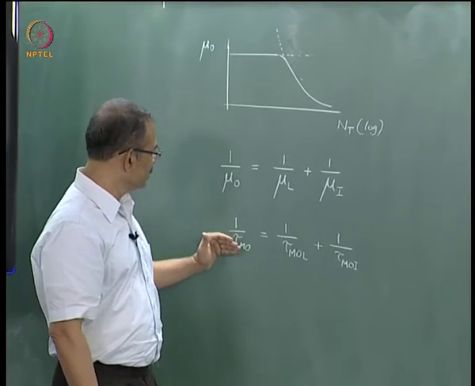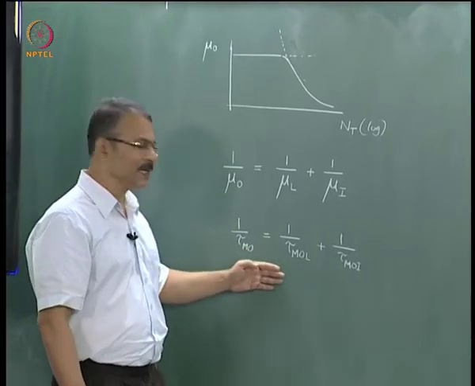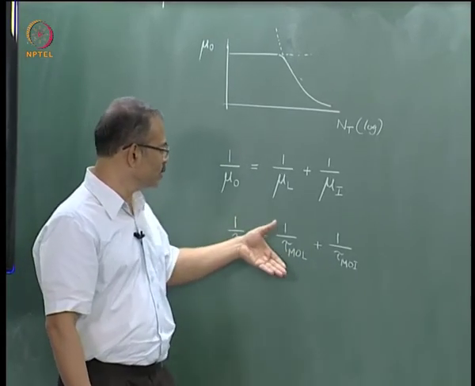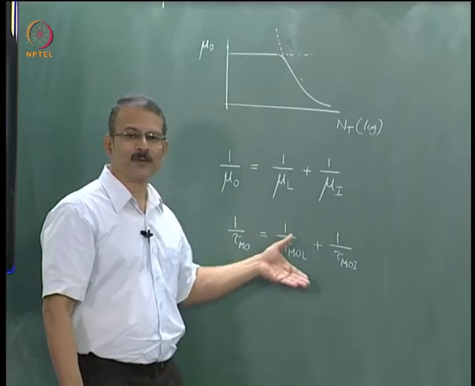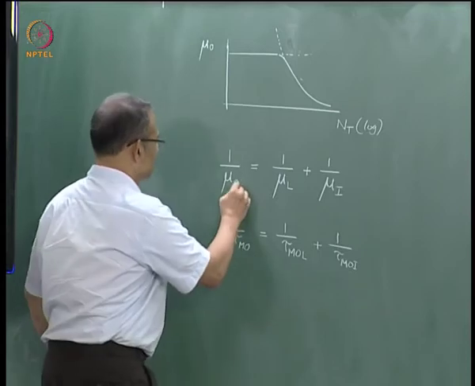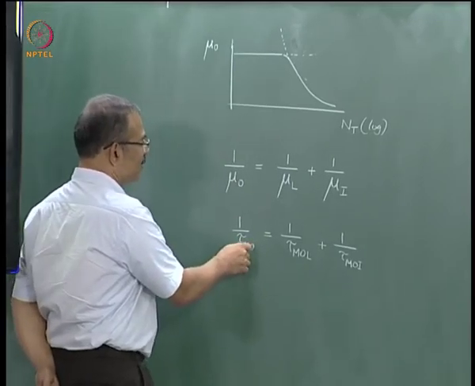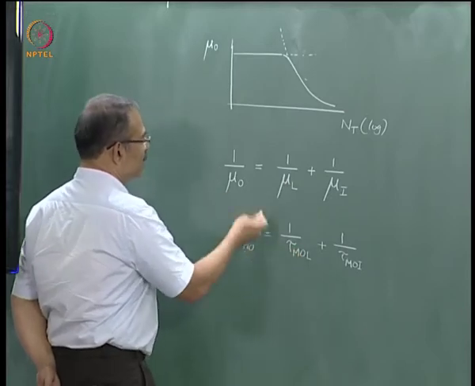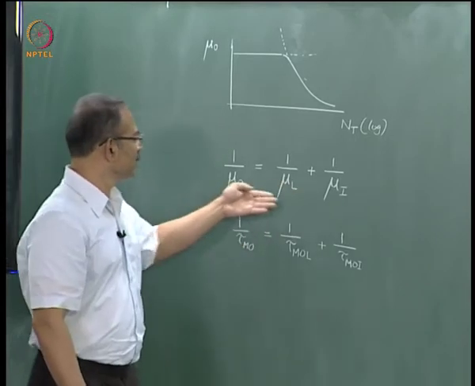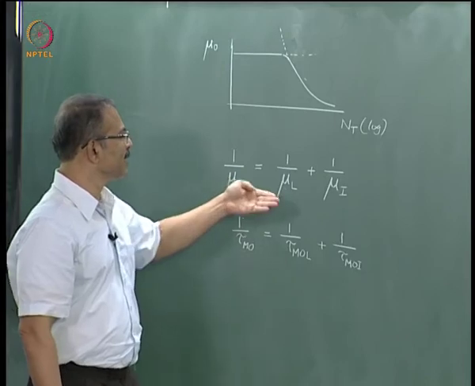So since this formula can be recognized to be valid, at least approximately valid very easily, where the total scattering rate is equal to the sum of the scattering rates of each individual mechanism, and since the mobility mu is proportional to the corresponding momentum relaxation time, this formula follows from this formula. Okay.